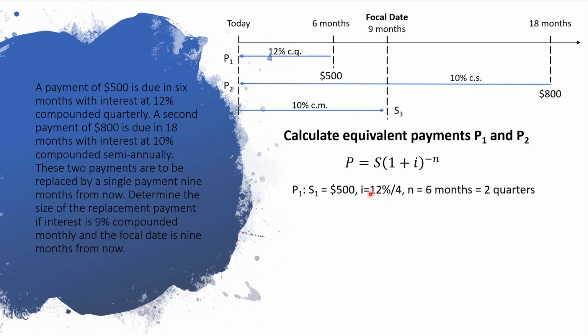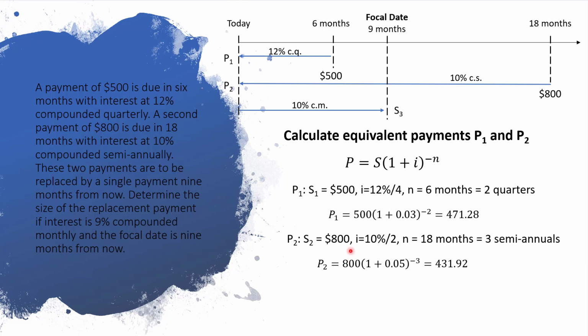So I take the 12% divided by 4. This is 6 months from today, but because interest is compounded quarterly, I need to convert 6 months, which is equal to 2 quarters. When I do this calculation, I'm going to get $471.28.